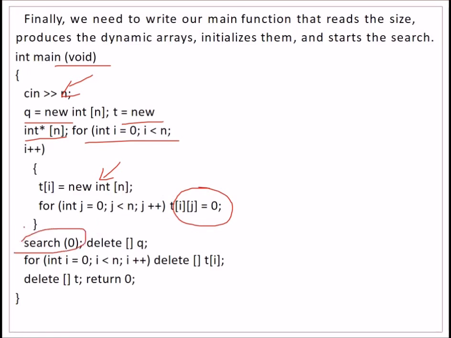Search will do everything because search is actually calling add to threat. So search will do everything and it will print the solution also. It will print the solution showing where to keep Q so that the threats are not there. And finally, we will delete all these things which we have initialized here.